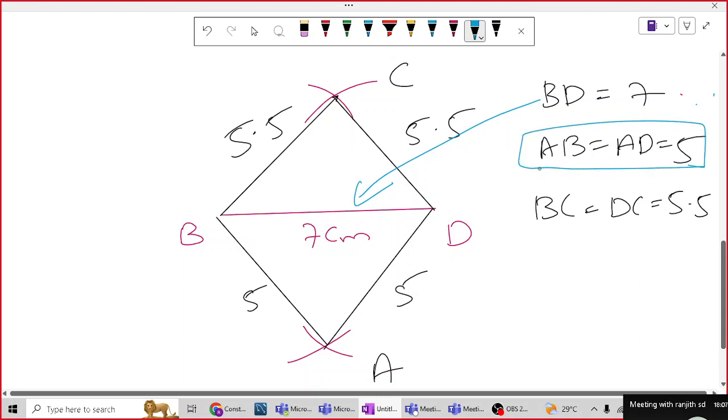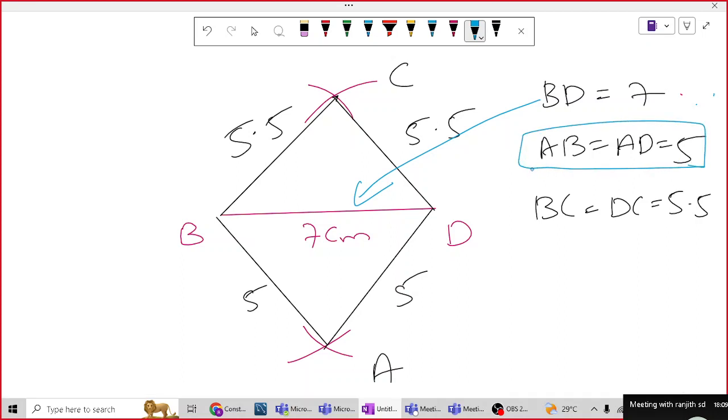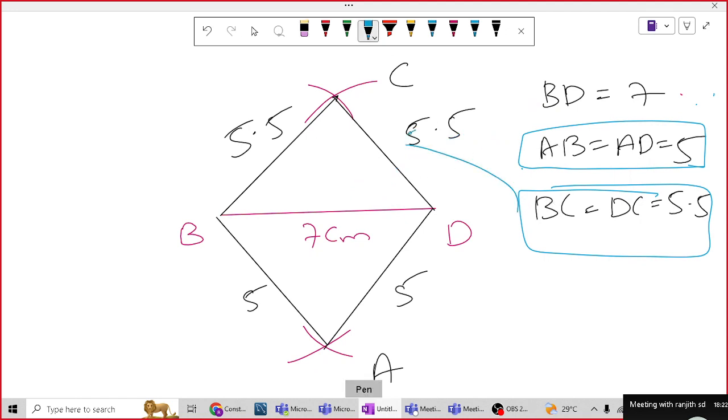AB and AD is given as 5 centimeters. Yeah, this we have drawn down. You can draw it down or top, students. Both are correct. If you draw this down, where did we draw BC and DC? Top. We have cut top, right? Yes, sir. If not, you can draw even AB and AD top. You get the diagram like this.